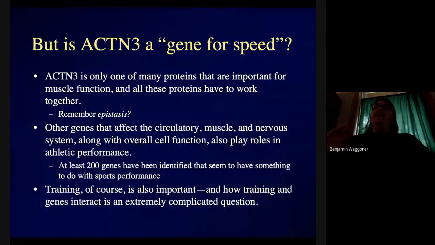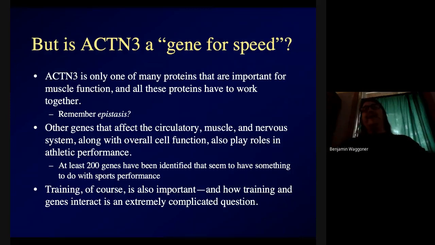The thing is that ACTN3 is only one of a lot of proteins that are critical for muscle function. All of those proteins have to work together. And what you've got is a lot of epistasis. Remember, that's what you have when you have multiple genes working together to affect a particular trait.